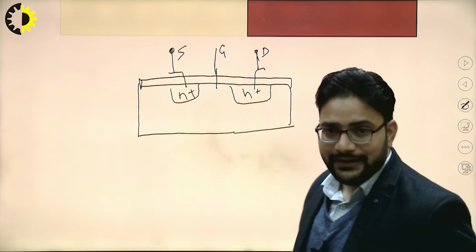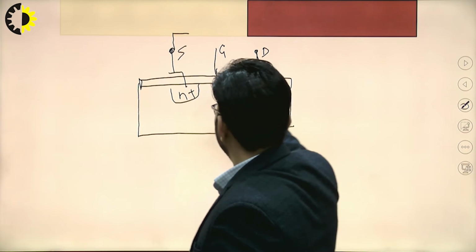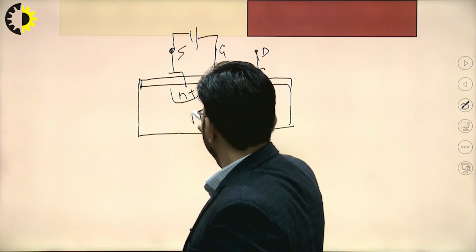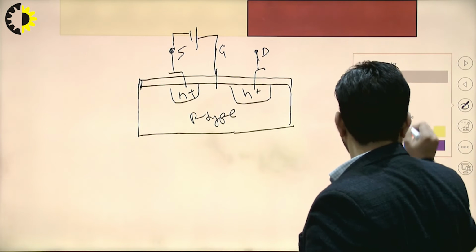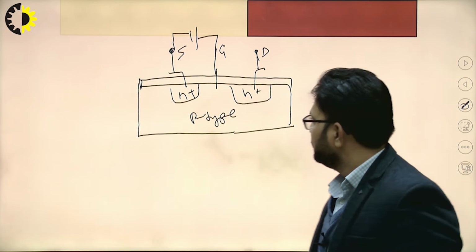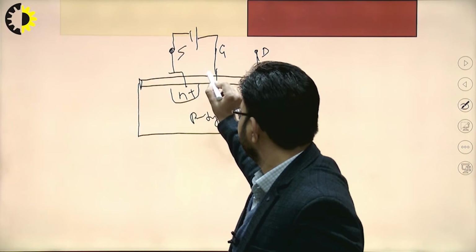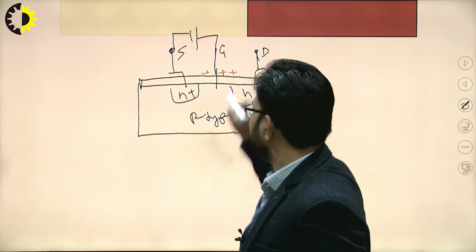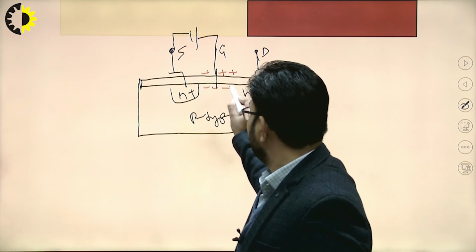Now if you apply the positive gate to source voltage like this, what will happen? Here we have positive charges, and correspondingly it will have negative charges.